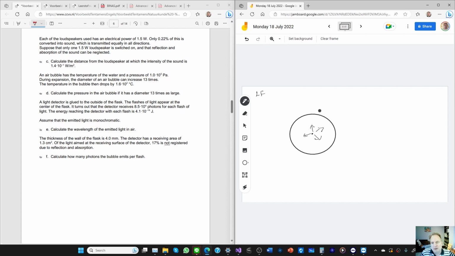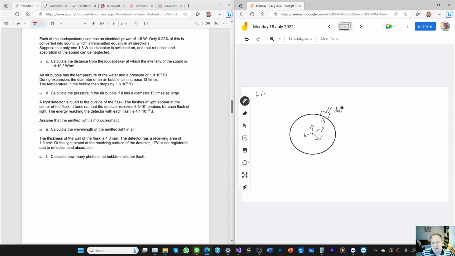But what we know really is, there's a detector here, some apparatus with a surface area A that picks up just the percentage of the photons that arrive here.